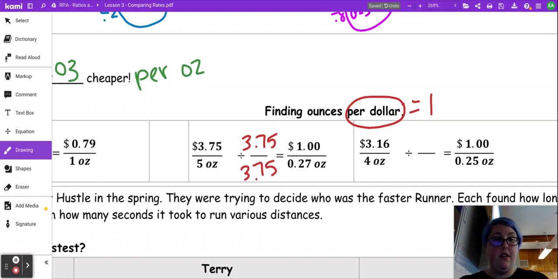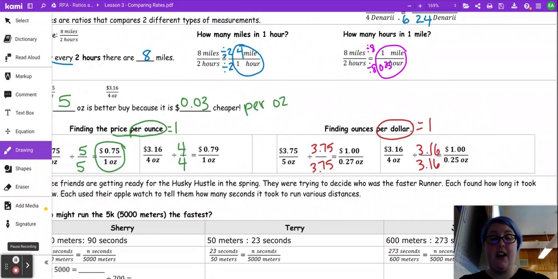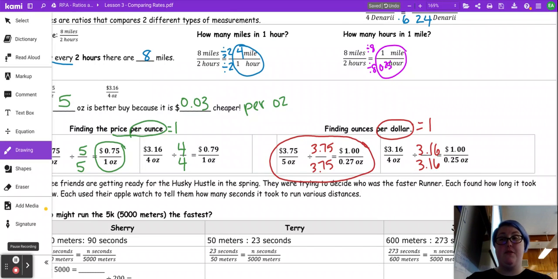And now for the 4-ounce, 3.16, we're going to divide by that. You're going to get 0.25 or 1/4. You'll find that our 5-ounce is the better deal because you get more product for the same amount of money. You get 0.27 ounces versus 0.25.